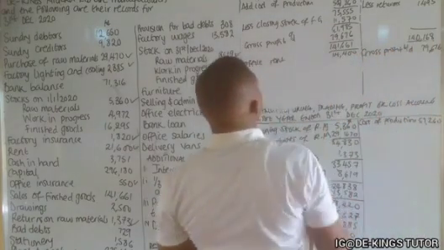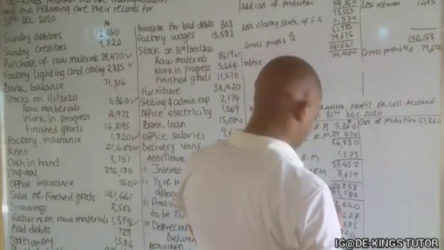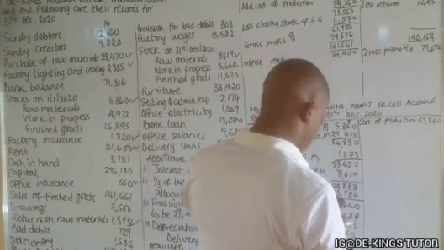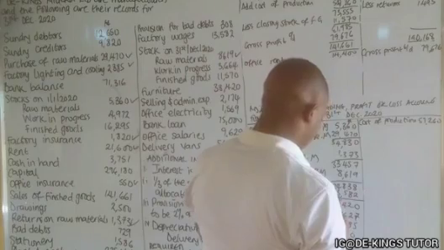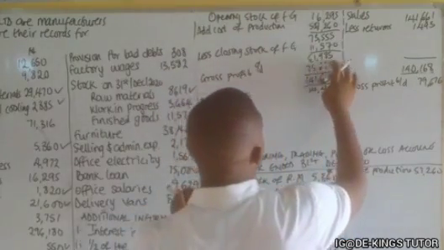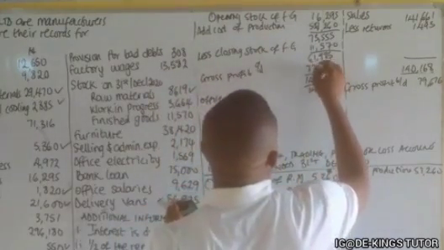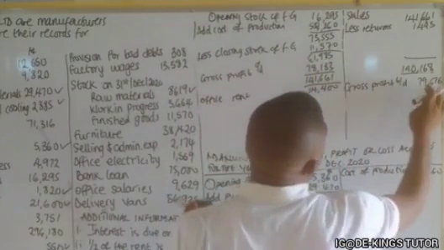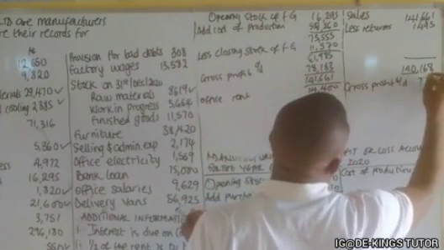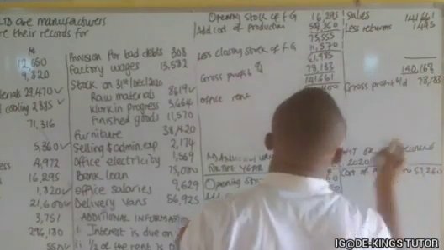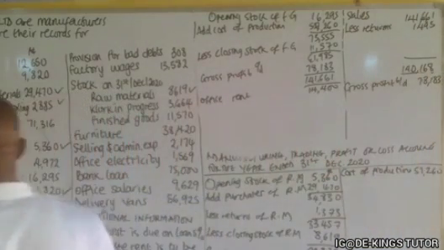So 140,168 minus 61,985. So we have 78,183. So here it becomes 78,183. Okay, so that's office rent.